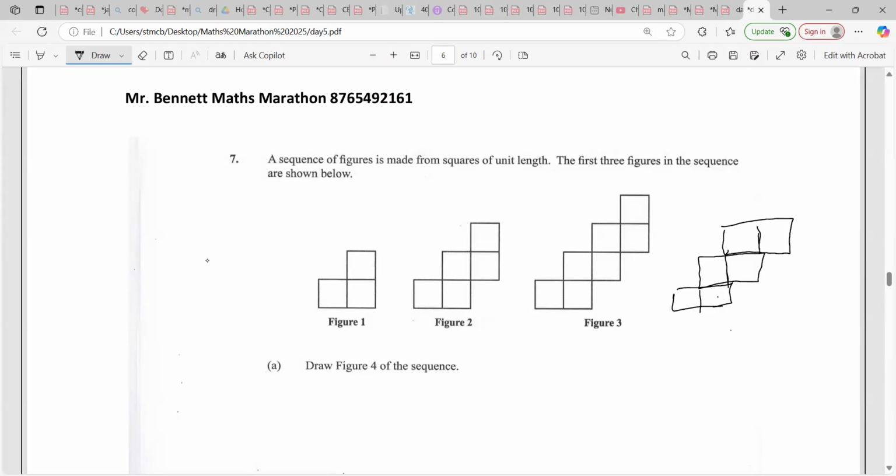So 1, 2, 3, 4, 5, 6, then 2, 4, 6, and a single one. So this is our last one: 1, 2, 3, 4, 5, 6, 7.